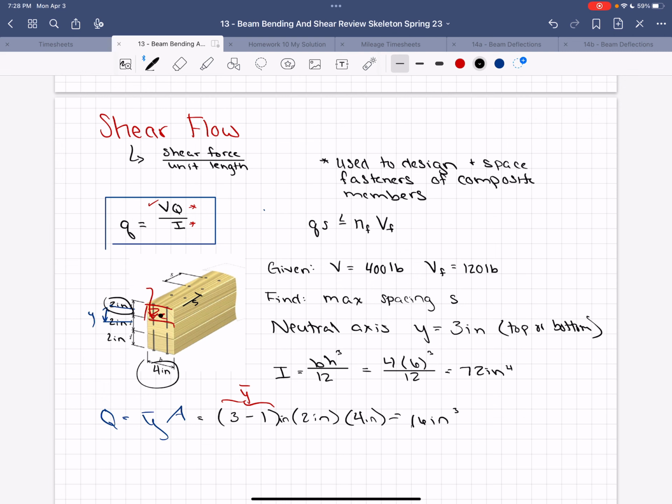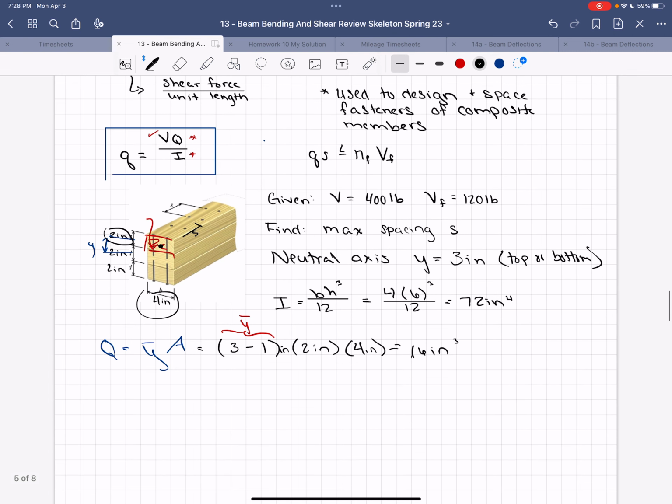So now we can plug in everything for small q, shear flow. We get q equals 400 pounds times 16 inches cubed.